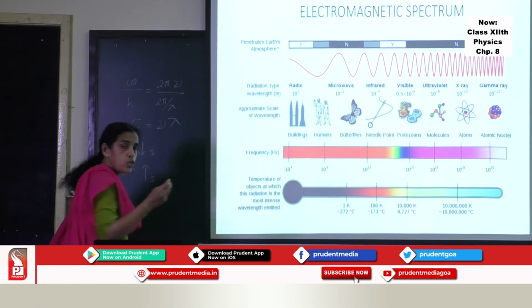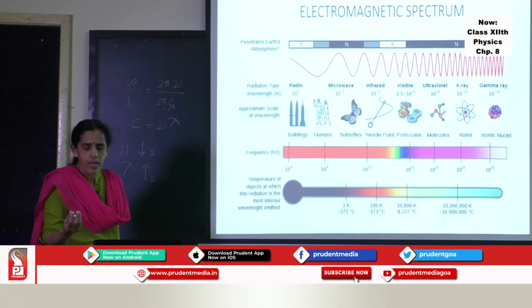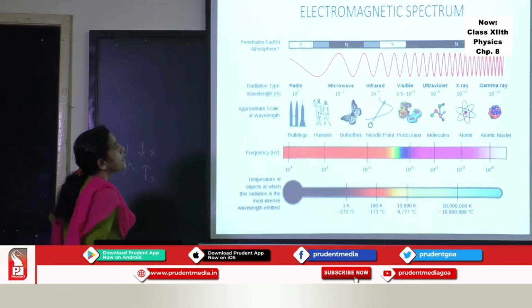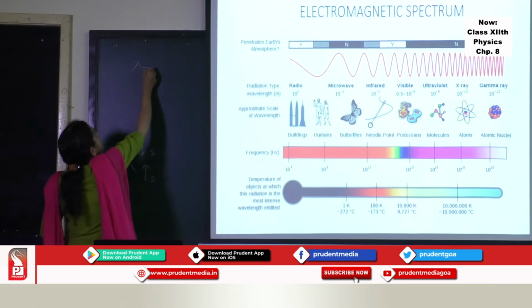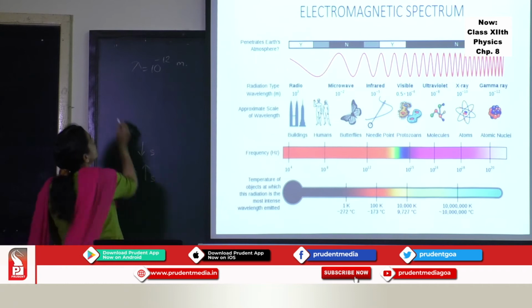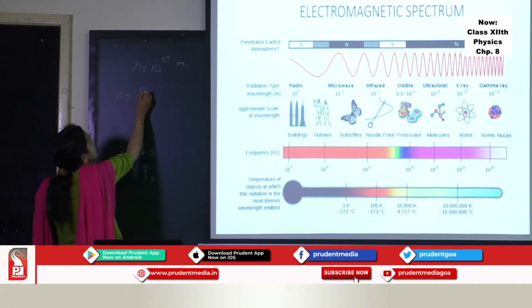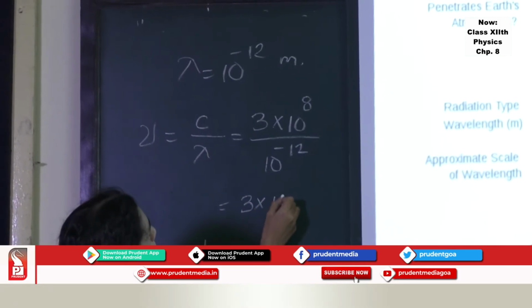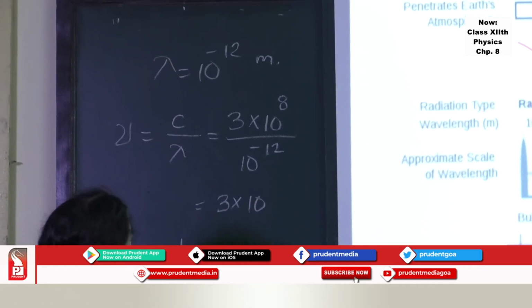We can calculate what will be the frequency of gamma ray. This also comes sometimes as a 1 mark question, very simple questions come. Okay? If the wavelength is 10 raised to minus 12 meters, what will be the frequency? Frequency is C upon lambda. How much?